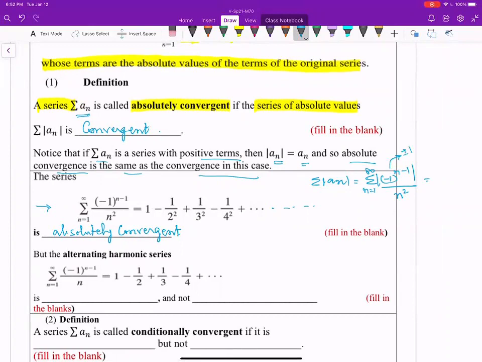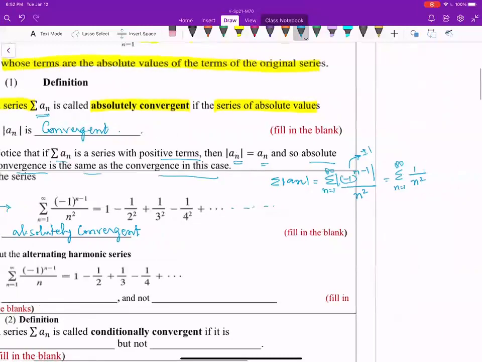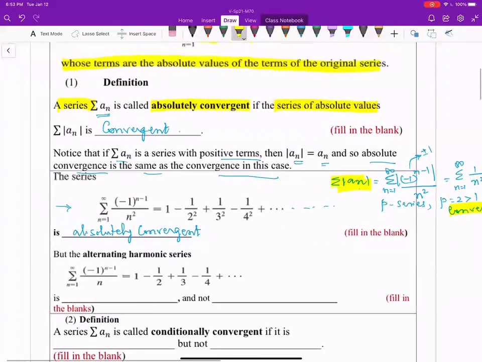But when you take the absolute value, all are going to be positive 1. So it's going to be sigma 1 over n squared. So what do you know about sigma 1 over n squared? This is nothing but a p-series with p equal to 2, more than 1, so it is definitely convergent. So you notice that sigma absolute a_n is convergent. That is equivalent to saying sigma a_n is absolutely convergent.